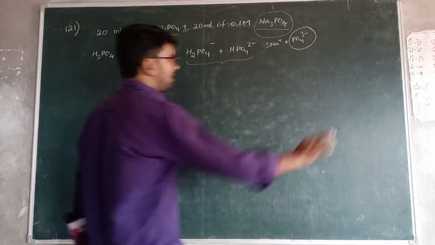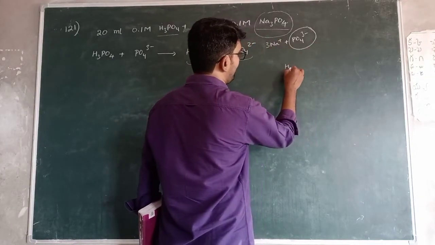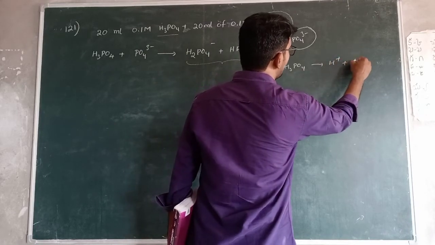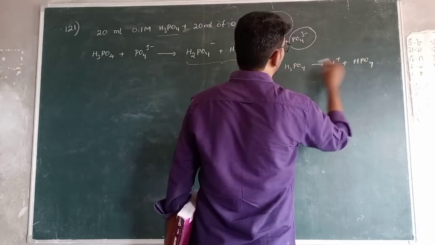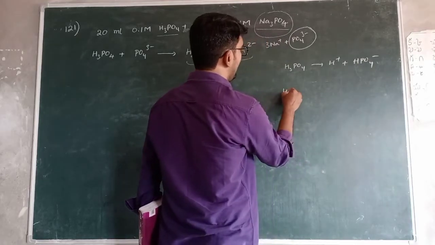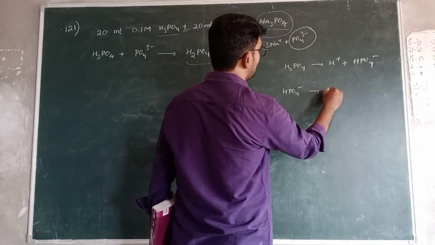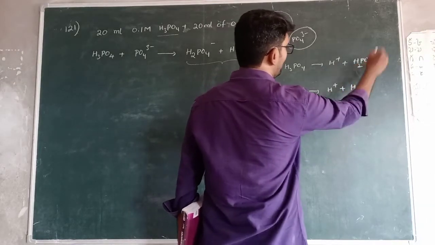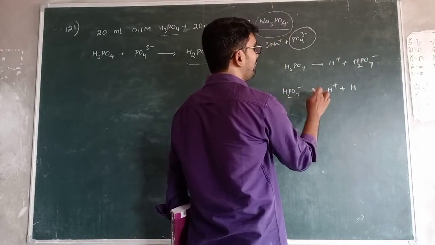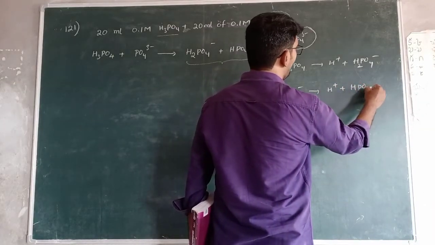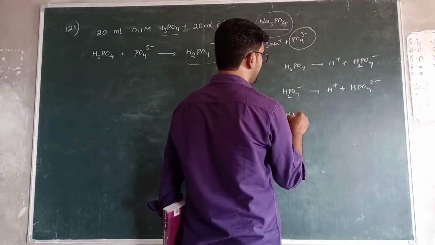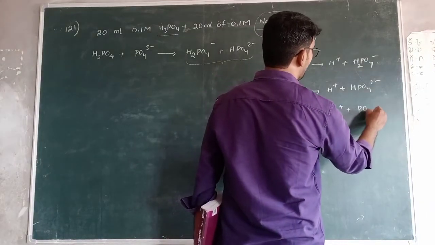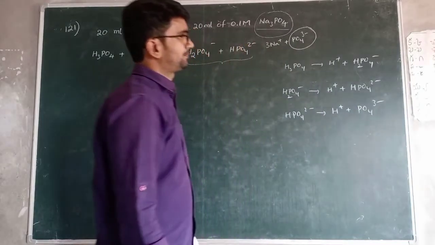Once more I will explain the stepwise reactions of H3PO4. H3PO4 gives rise to H plus plus H2PO4 minus. This H2PO4 minus gives rise to H plus plus HPO4 2 minus. This HPO4 2 minus gives rise to H plus plus PO4 3 minus.